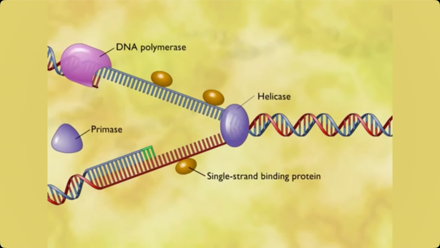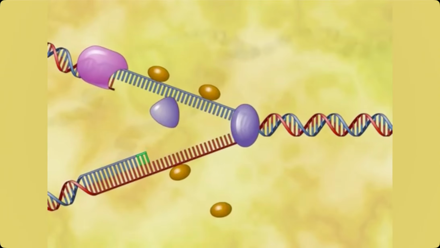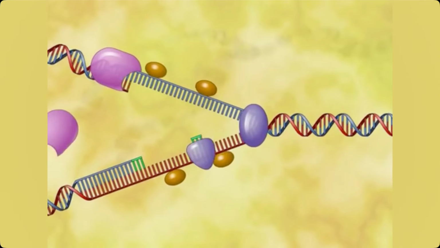Because the two complementary strands of the DNA molecule are oriented in opposite directions and the DNA polymerase can only accommodate replication in one direction, two different mechanisms for copying the strands of DNA are employed. One strand is replicated continuously toward the unwinding, separating portion of the original DNA molecule, while the other strand is replicated discontinuously in the opposite direction with the formation of a series of short DNA segments called Okazaki fragments.